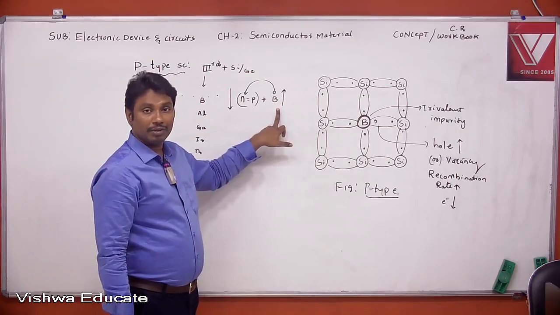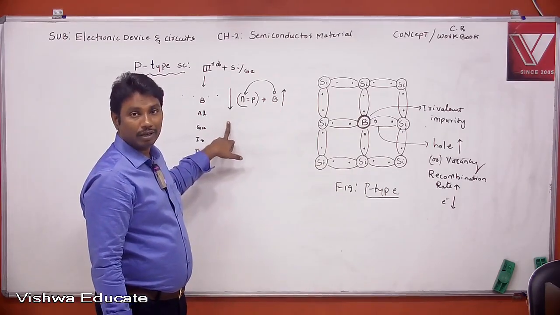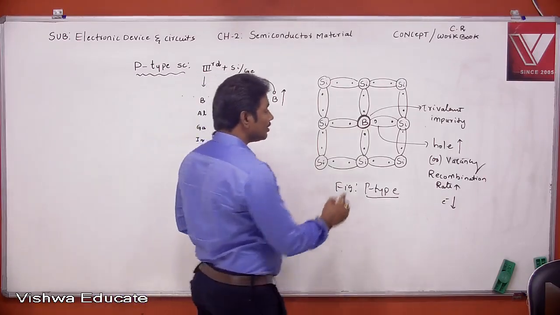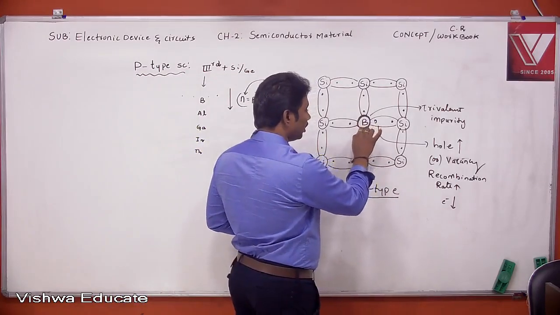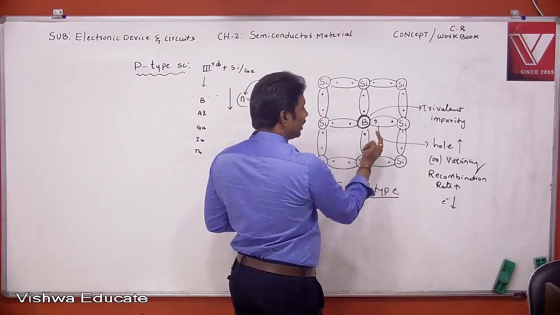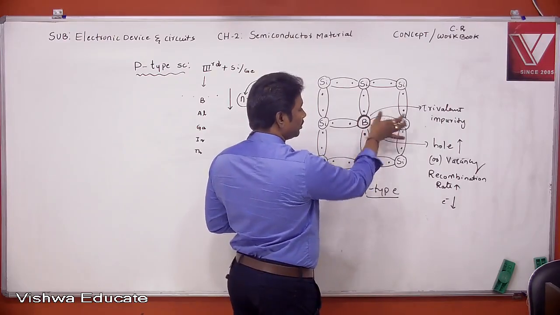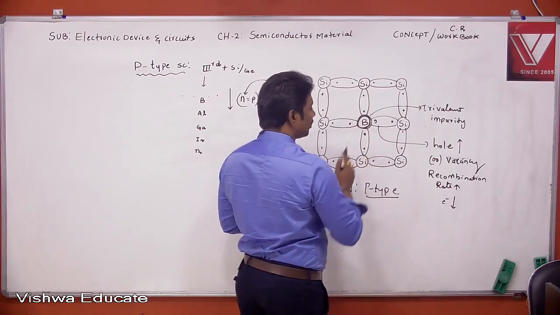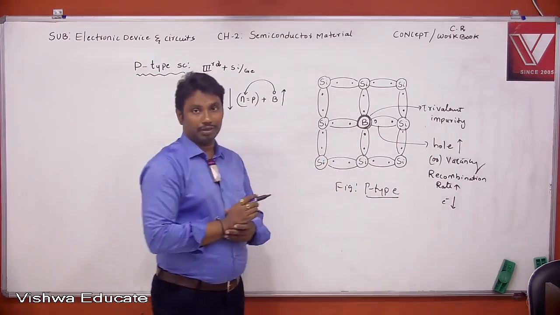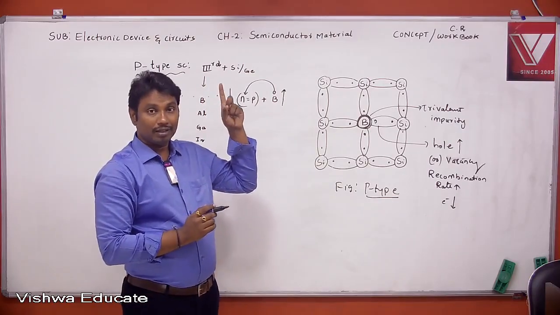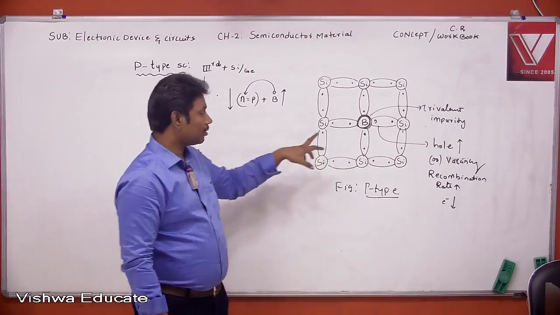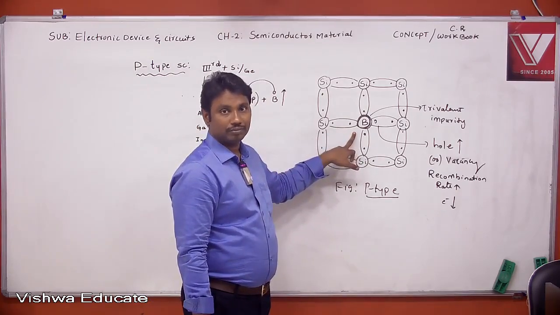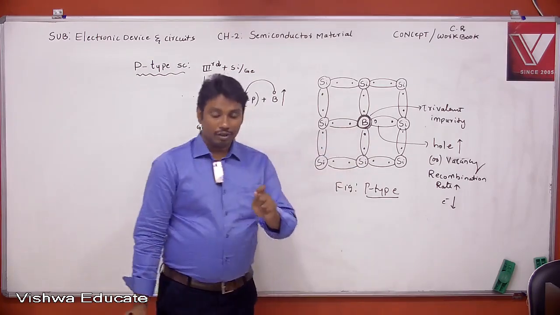The holes will be the majority and the electrons will be the minority, right? And one more point actually, this added trivalent impurity can accept the electron from the nearby atom because this is vacant, right? So it is also called as what actually? Acceptor impurity. See, where n-type is called donor impurity, here this trivalent impurity is called acceptor impurity, right? Write in the notes.